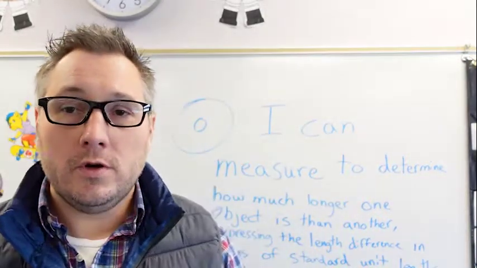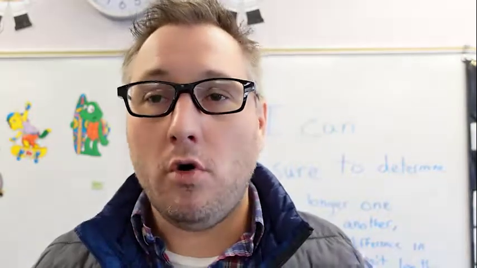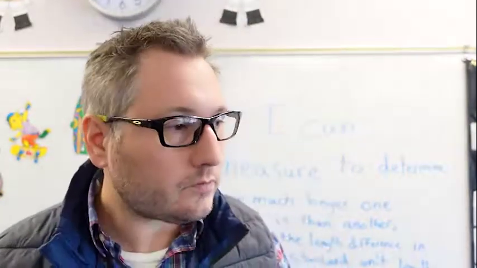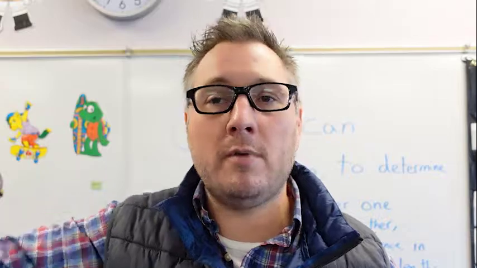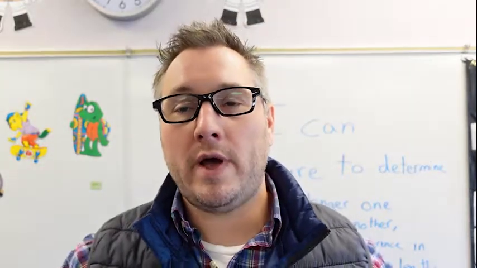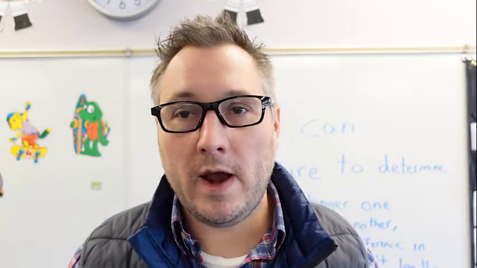Anytime in your story or a problem, if you have a question that says how much longer or how many more, you're going to do subtraction. And the second part is when you're doing that subtraction, use the bigger number minus the smaller number. You can't subtract a bigger number from a smaller number. You have to start with the bigger number and then subtract the smaller number. So how many more or how much longer? It's always going to be subtraction.